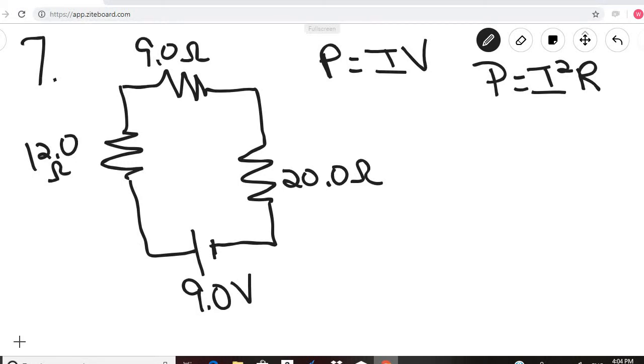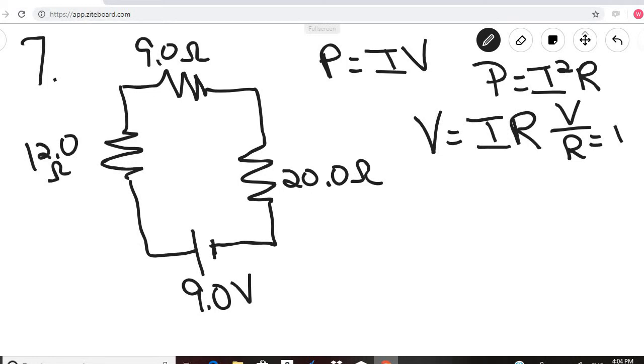So in either case, we need to know what I is. So we know that V is equal to I times R. Okay, so we need to solve for I. So V divided by R is going to be equal to I. So we know what V is, that's given here.